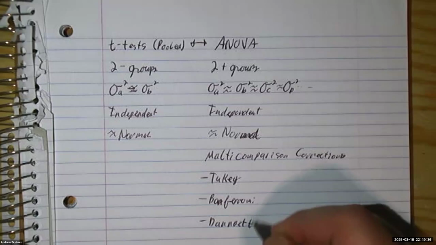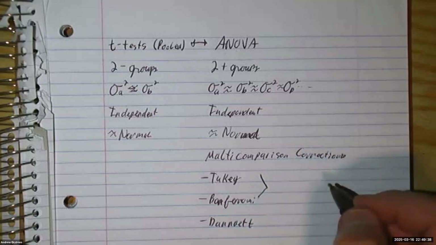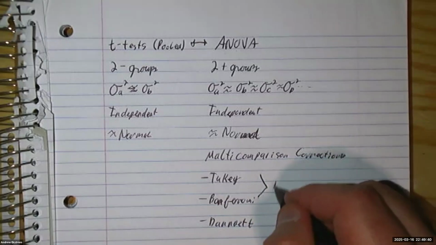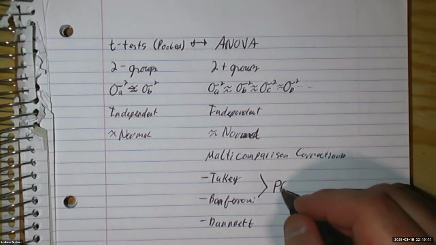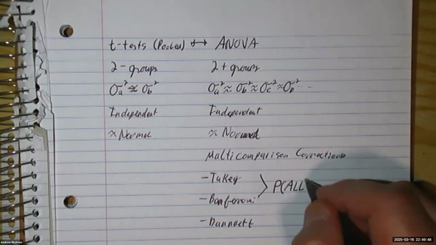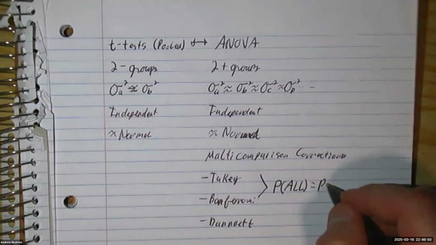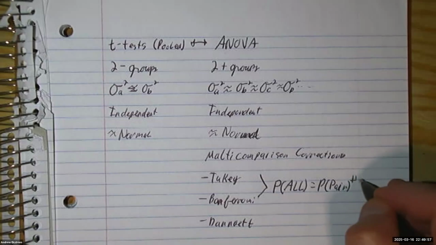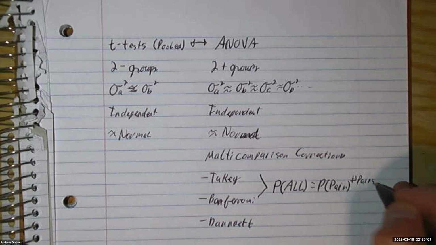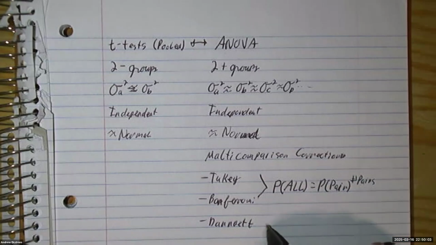With these, you end up having some form of the formula, like the probability that you get all of your comparisons correct is equal to the probability that you get each pair correct raised to the number of pairs that you're looking at.